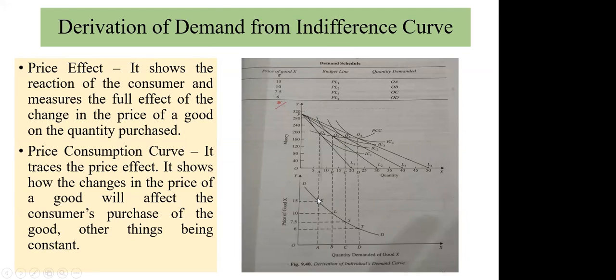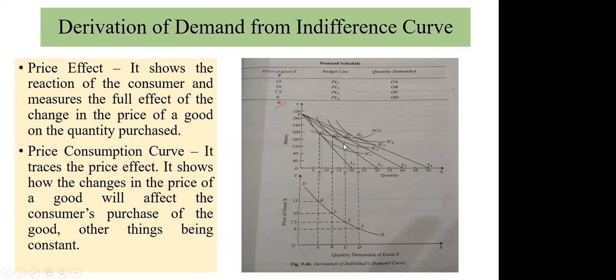Now suppose the price falls from 15 to 10. With the initial income of 300, if we divide 300 by 10, we get 30. That means I can buy 10 more units. So the budget line, or price line, shifts from PL1 to PL2.